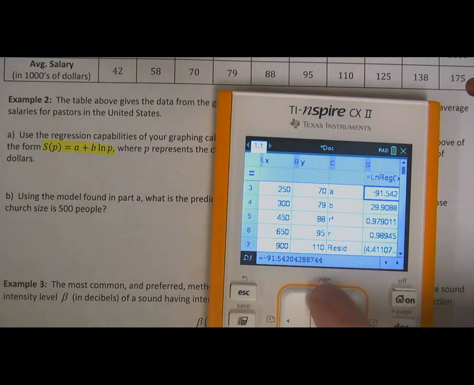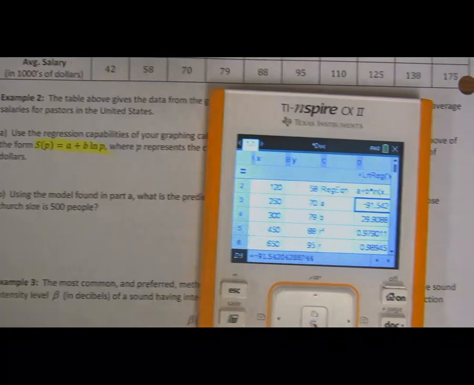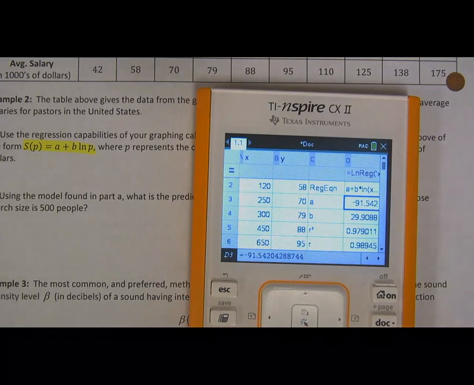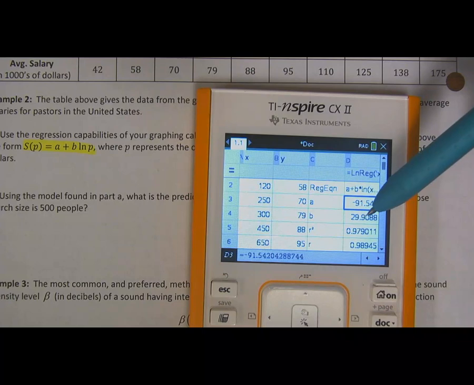And then you may have to arrow up to be able to see those A and B values there. Does anybody need me to repeat any of that? Are we all comfortable with what just happened? Okay. A on your calculator screen should be negative 91.542 and B should be 29.9088.